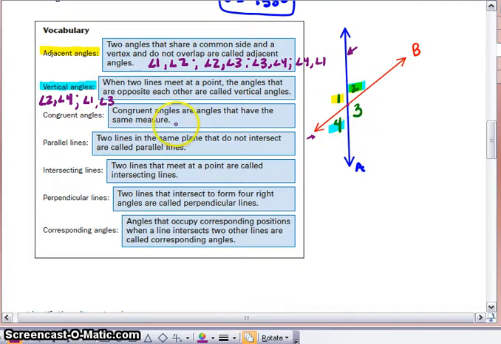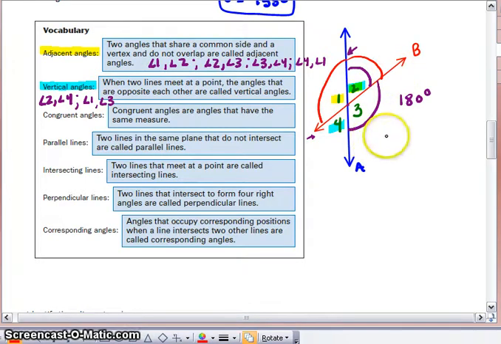Congruent angles are angles that have the same measure. Well, in this situation, if I look at angle 2 and angle 3, notice they form a 180-degree angle. What's also interesting is if I take angle 2 and angle 1, they also form a 180-degree angle.